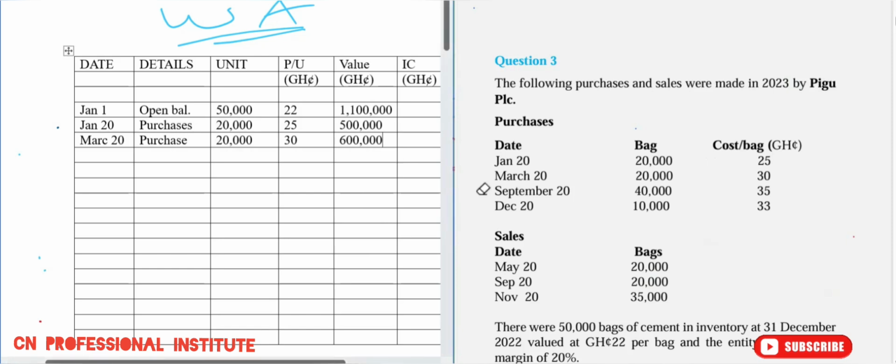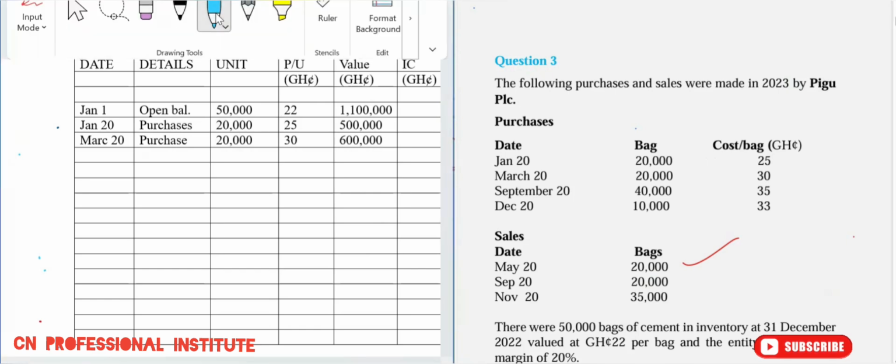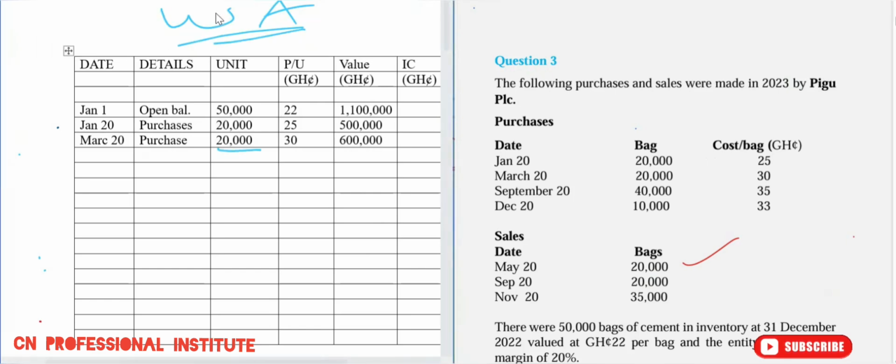Then May 20th, we did some issue, right? So May 20th, we sold. Immediately before we sell, we need to get the issue cost, the value that will be attributed to the units that we are selling. So before the issue, we have to find the totals.